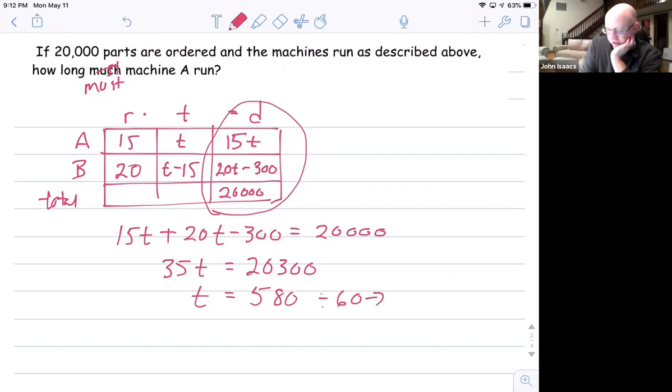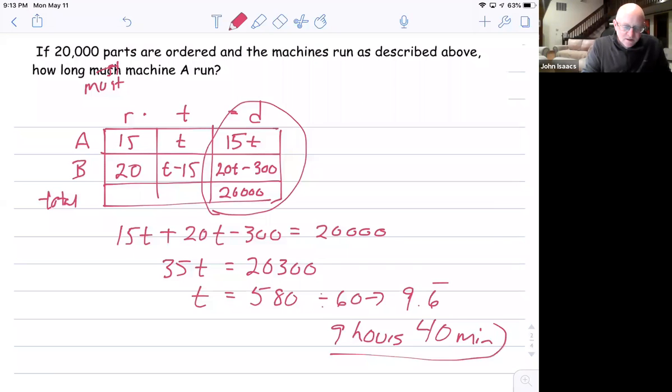And then you get 9.6 repeating, which is the same as 9 hours and 40 minutes. All right, 9 2/3 hours. All right, 9 hours and 40 minutes is how long machine A runs, which means machine B runs 15 minutes less than that, 9 hours and 25 minutes.